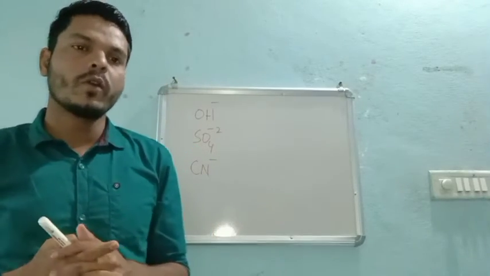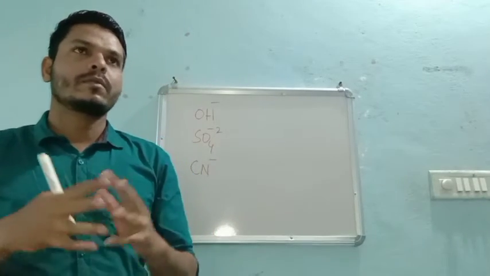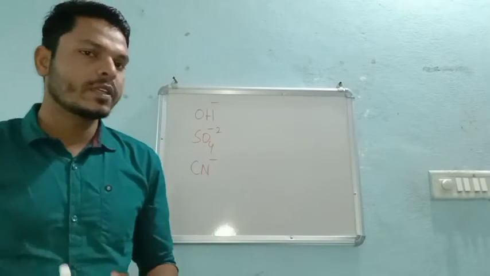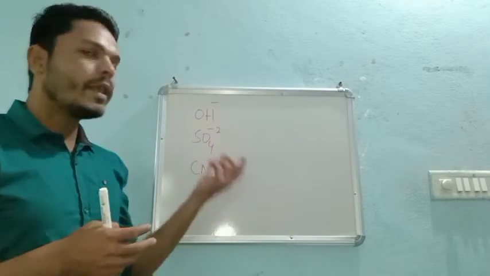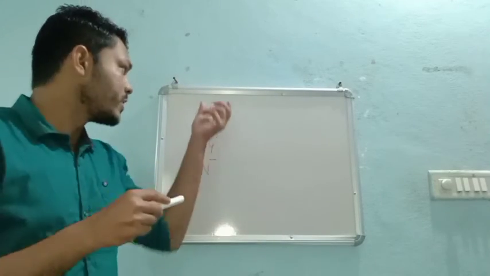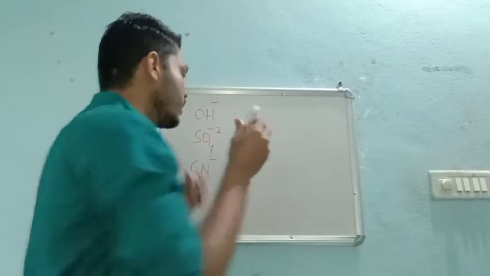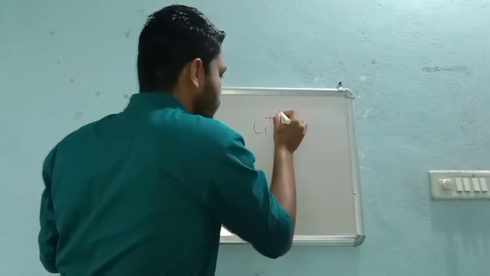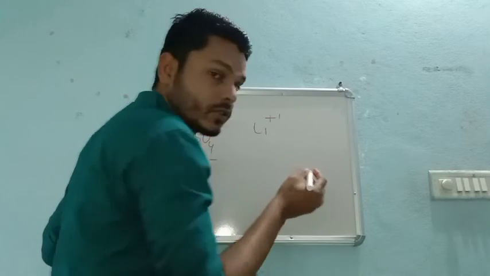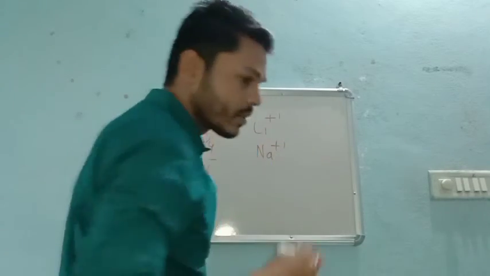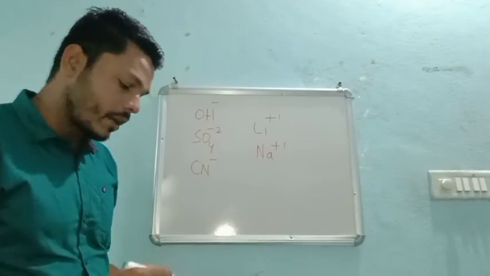You just go and try it and send it to me. Today's assignment is to send the elements and their charges. On lithium there is +1 charge, understood? On sodium there will be +1 charge. You just go through the periodic table and books.